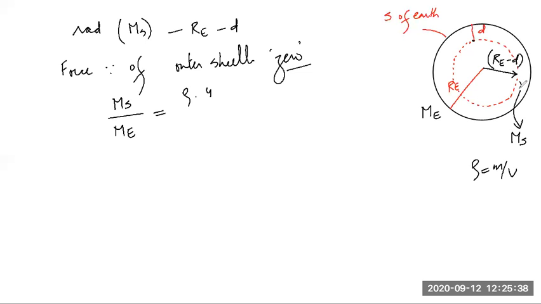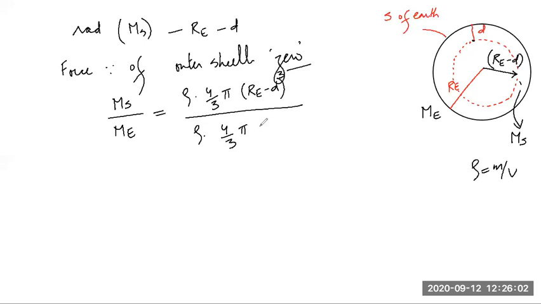Into its volume. This portion of radius Re minus d could be taken as 4 by 3 pi r cubed, where the radius is Re minus d, which is exactly the radius of the sphere. Rho, density times volume, is the mass, divided by the mass of Earth. What is the mass of Earth? Density times volume of Earth, so that is 4 by 3 pi.